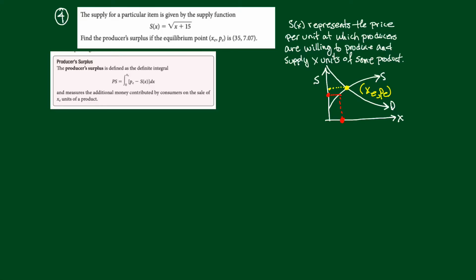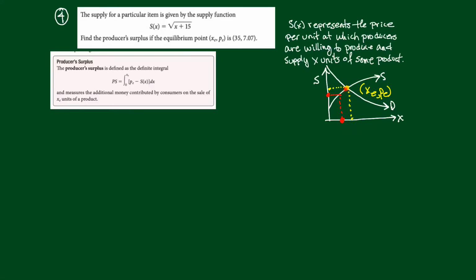So at this price right here, I'll draw it in, the supplier is willing to produce and supply this many units of a product. And this price right here is the price that consumers are willing to pay when x units of a product are put on the market.